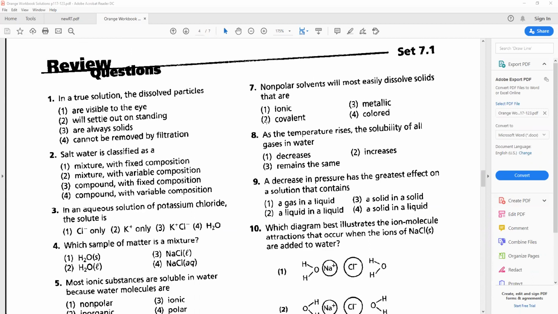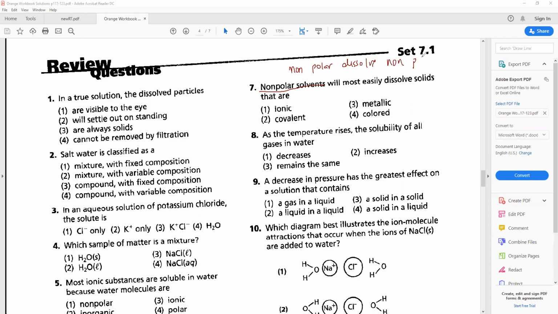Let's go to number 7. Like dissolves like. Nonpolar solvents will most likely dissolve solids that are nonpolar. Nonpolar dissolves nonpolar.